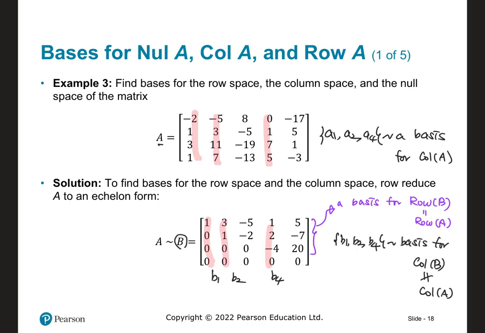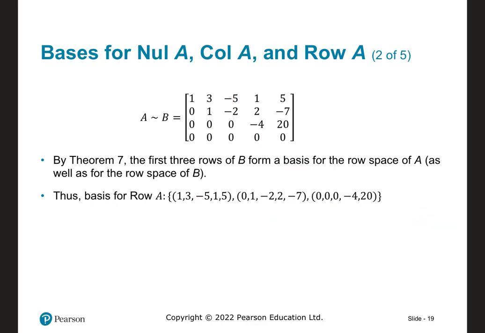But you do not want to go back to A matrix. Now, given B, for the row space, these three non-zero rows in B will form one basis, because this B is one of the echelon forms of A matrix.